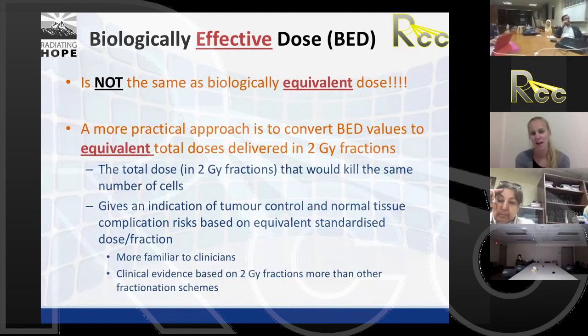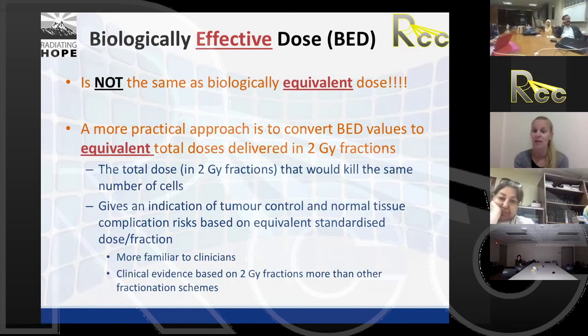So what we have is a more practical approach: converting these biological effective doses into an equivalent dose delivered in 2 gray fractions. This is the dose that, if delivered in 2 gray fractions, would kill the same number of cells. This is a really useful tool because 2 gray fractions have been the gold standard of treatment for a very long time.